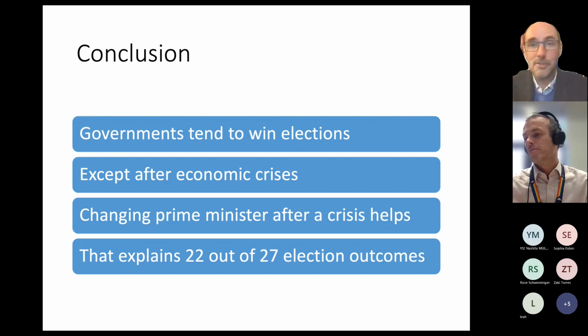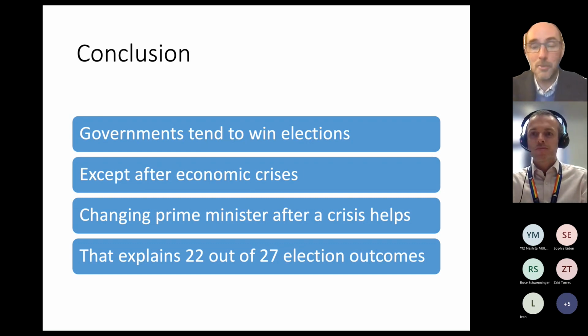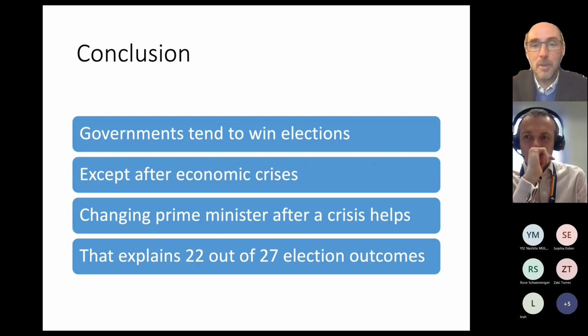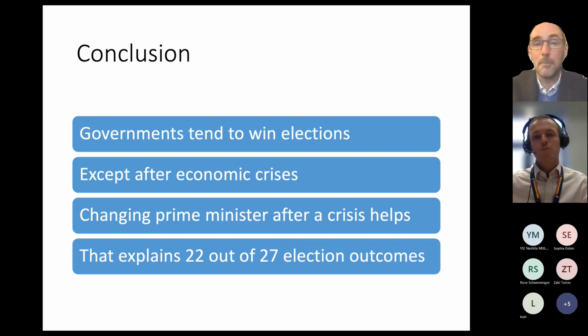If you're looking across a big time span of all the elections in the last 100 years, and you can explain those outcomes with respect to economic crises and then a few extra, 3 extra, by noticing political changes of prime minister after crises, then if you can explain so much with just those factors, that doesn't leave much room for explaining the rest with respect to the media.